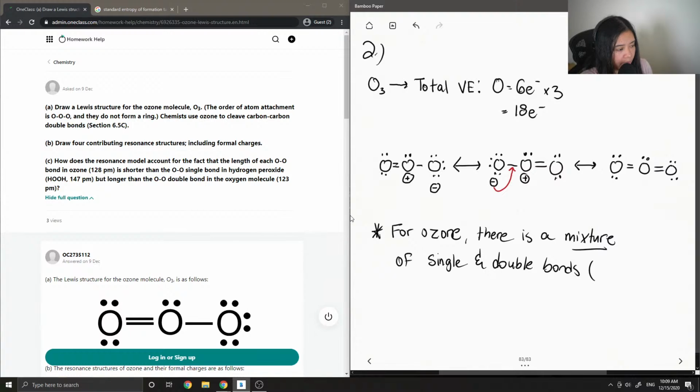So that's why its length is 128 picometers.